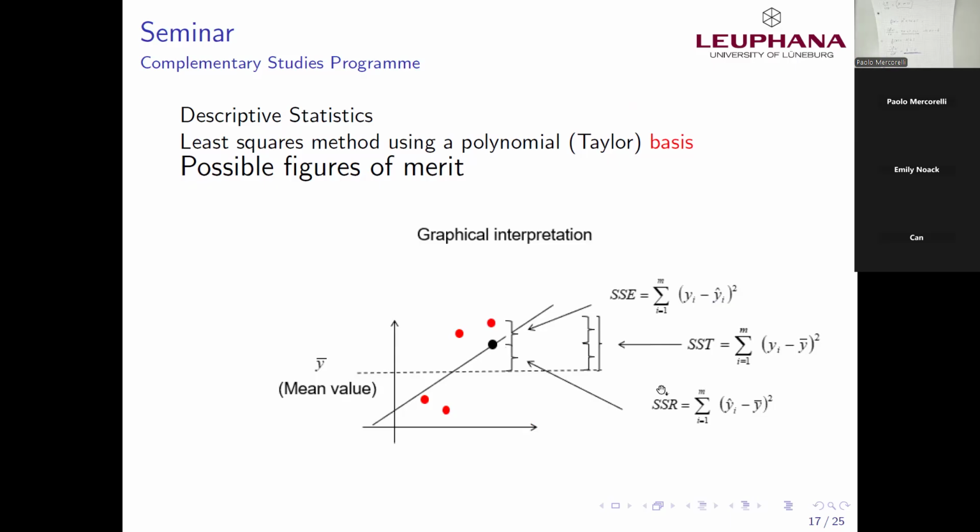Now we can see, excuse me, SSR is here, no? All approximating y hat i are on the mean value.